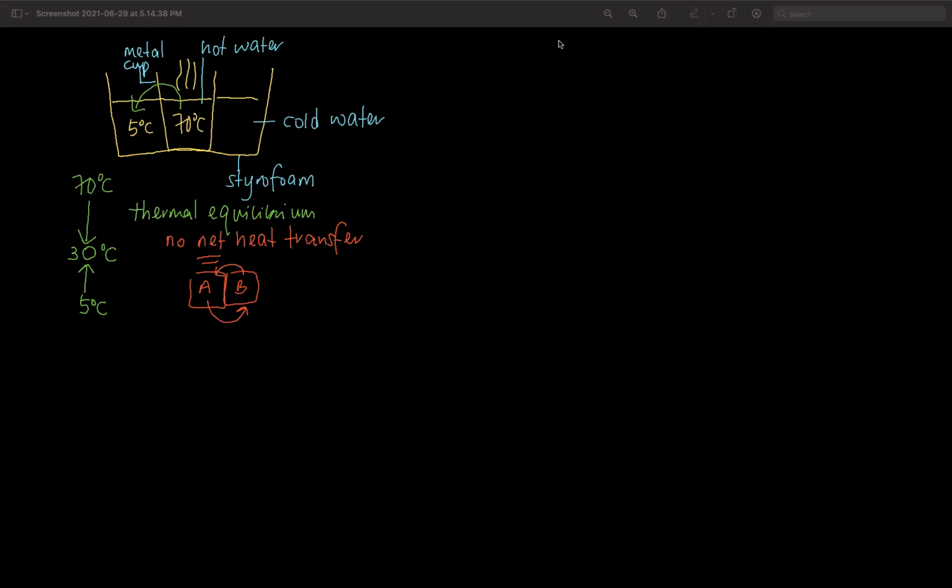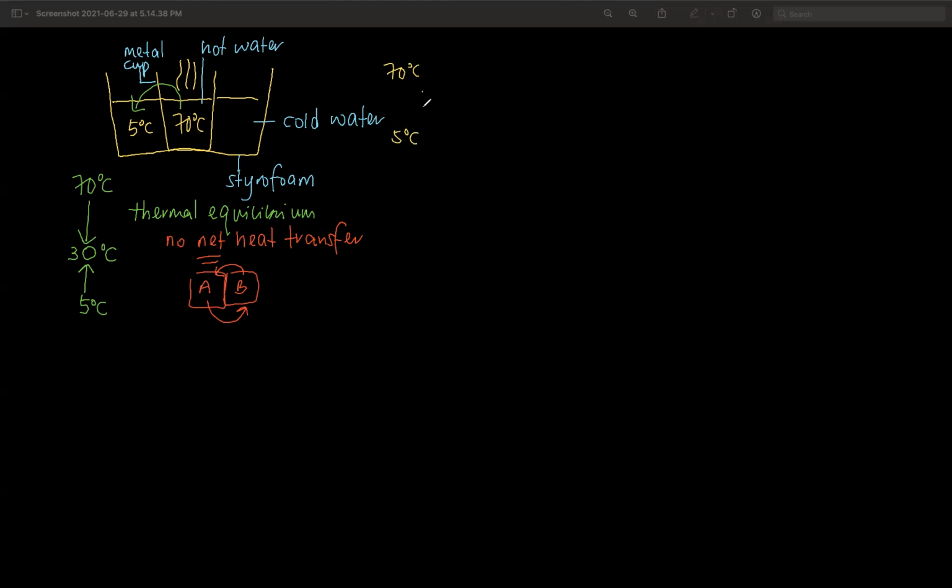Remember, when I first place the metal cup inside the cold water, at that point in time, the temperature difference is the greatest, right? Because the initial temperature is, one is 70, one is 5. The temperature difference is the greatest when I first place it in.